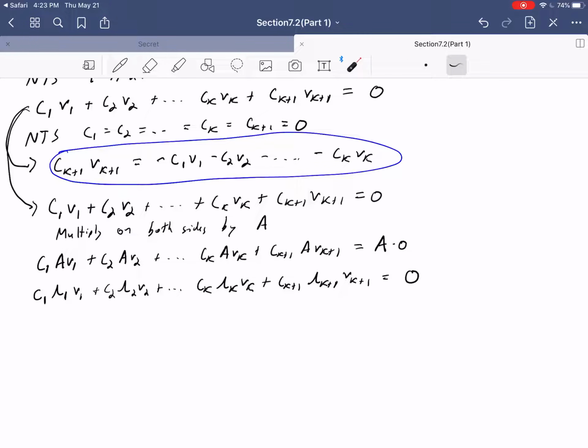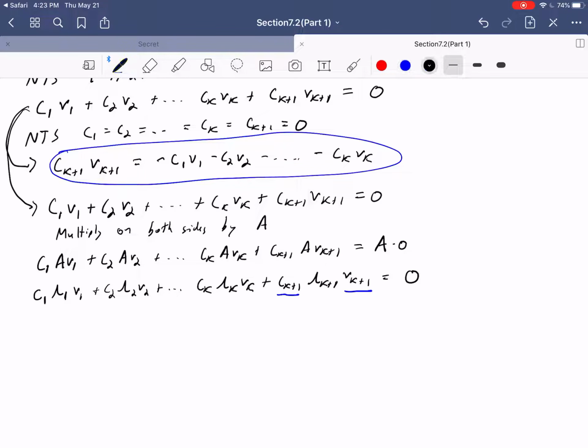Okay, but we know one thing further. We also came up with this nice relation in terms of vk plus 1. We said it's equivalent to that. So let's sub that in for ck plus 1 times vk plus 1. We're basically going to imagine this is out in front and distribute it onto all that.